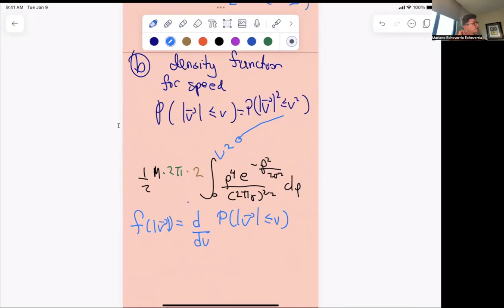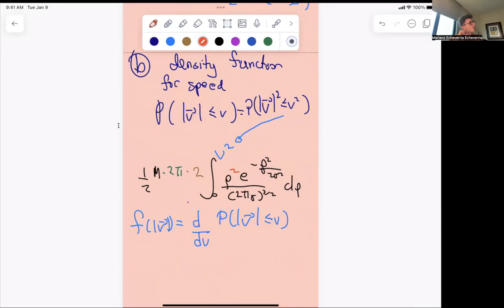Let's see. Yes, that makes sense. The only difference is that this is a probability, so it's just integrating the density function. Instead of rho to the 4, it's just rho squared.